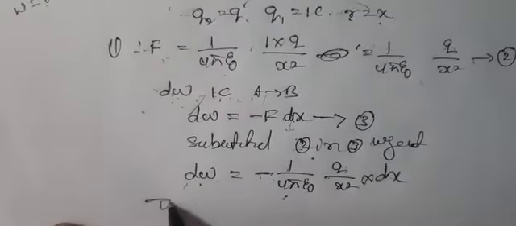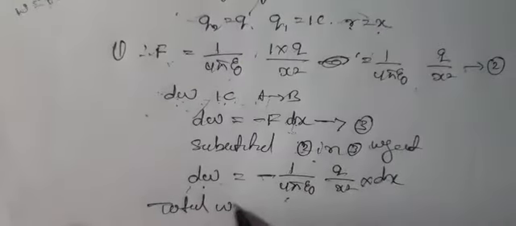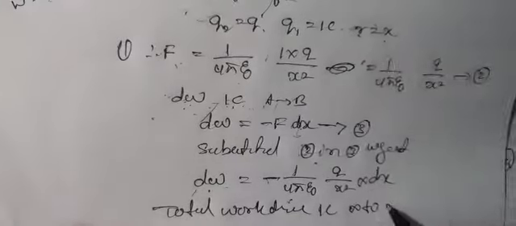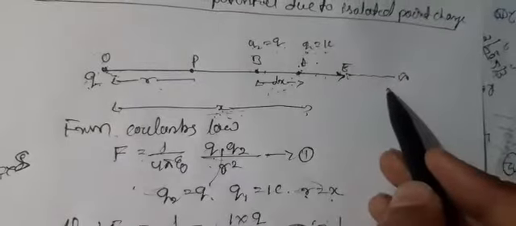Now find the total work done in moving a 1 coulomb charge from distance infinity to small r.